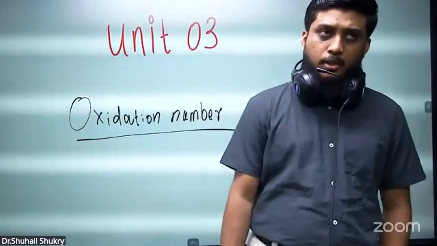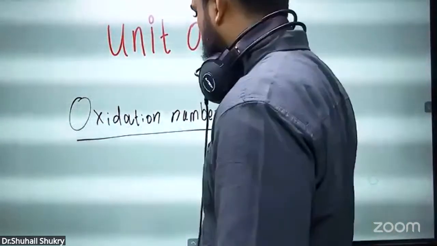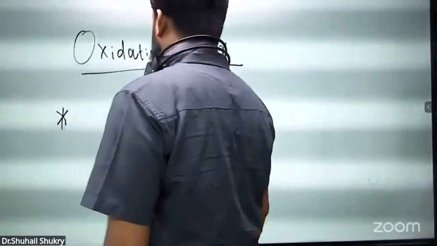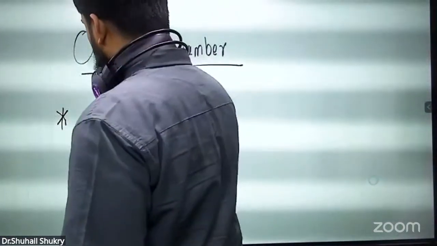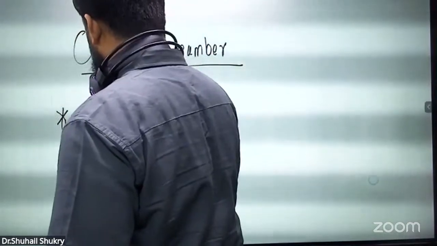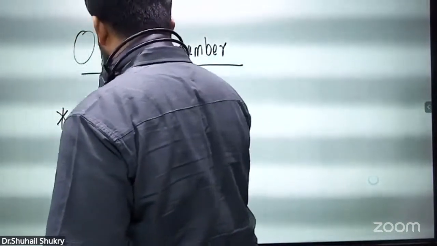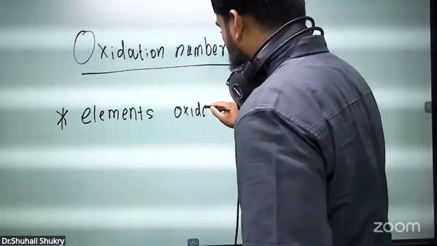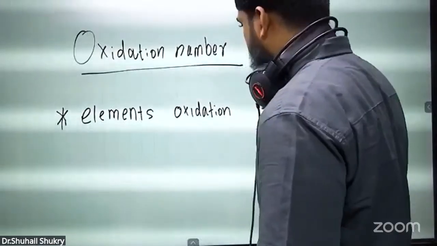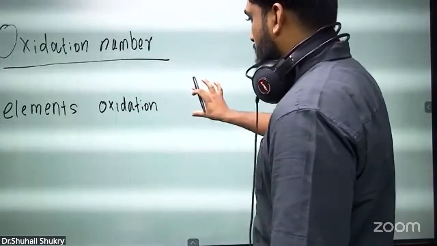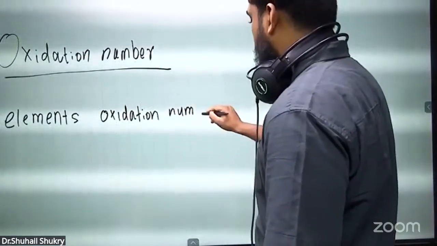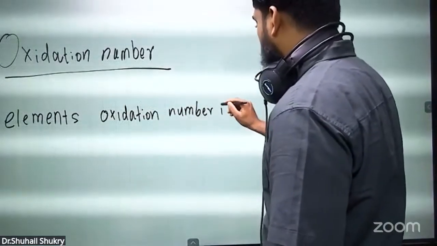The first thing you have to remember is the oxidation number of elements. Elements' oxidation number is 0.